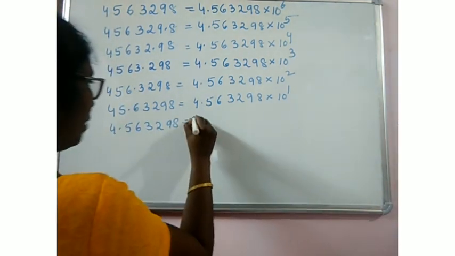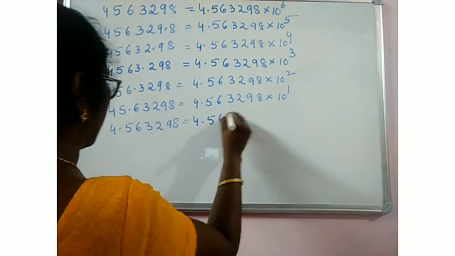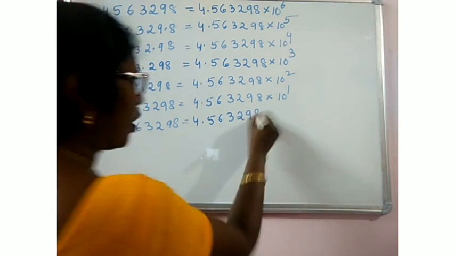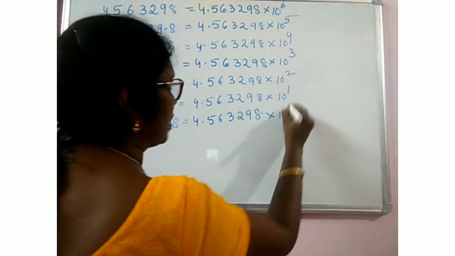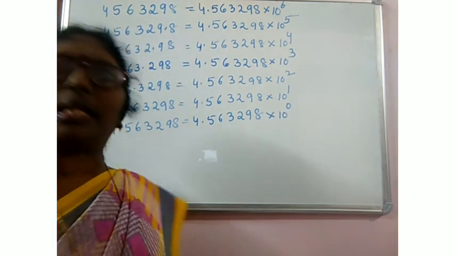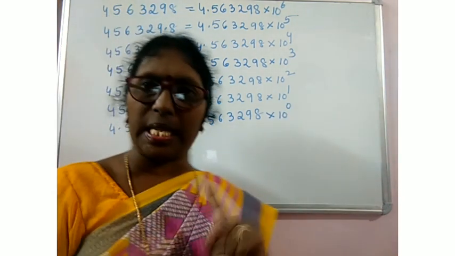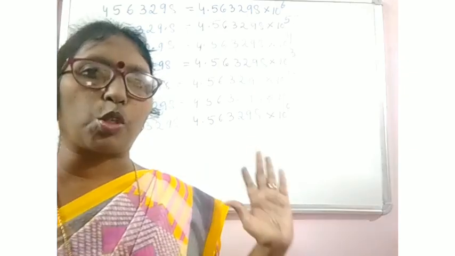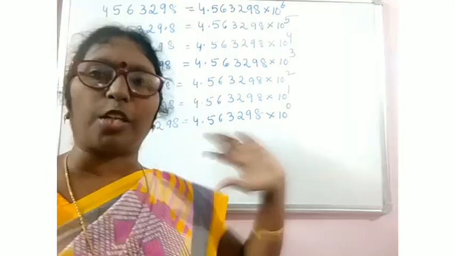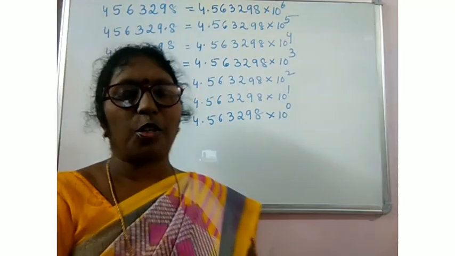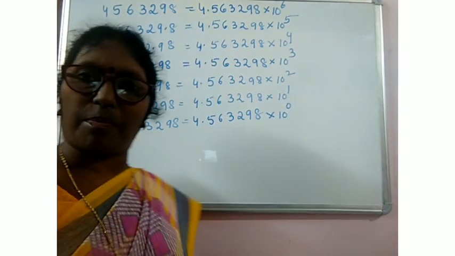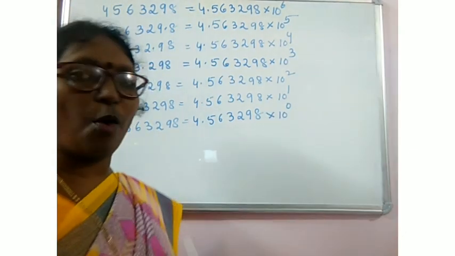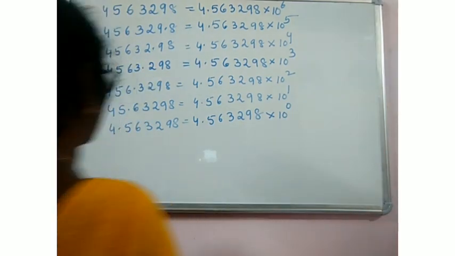So for 4.563298, because the decimal is at the proper place, it is into 10 to the power 0. You know that any number to the power 0 is 1, so any number into 1 gives the same number.